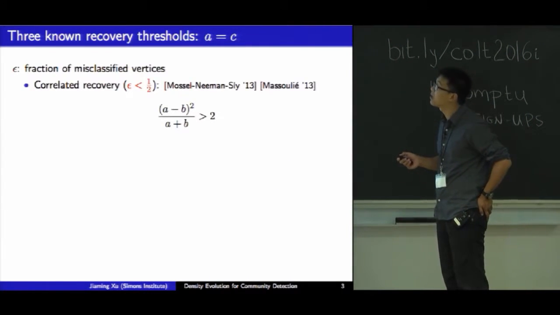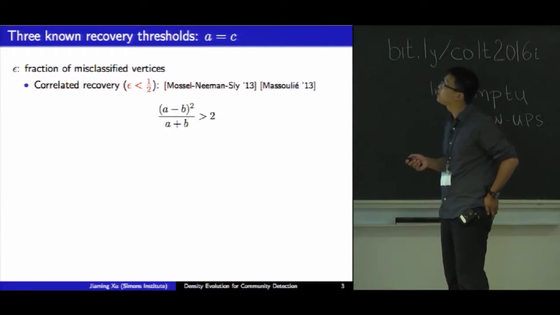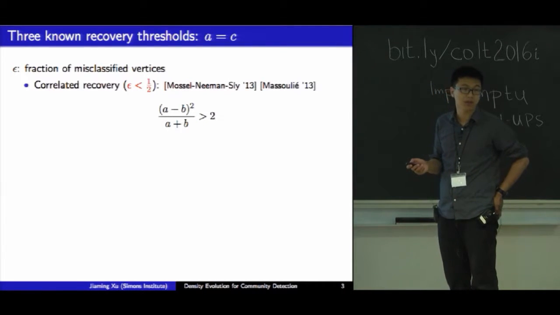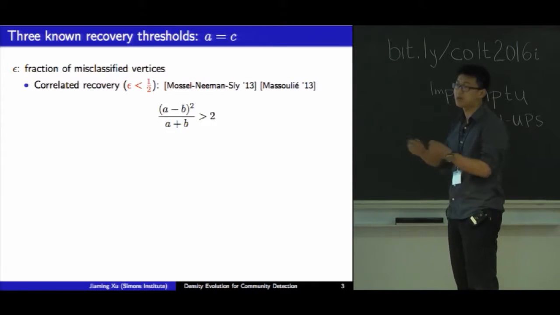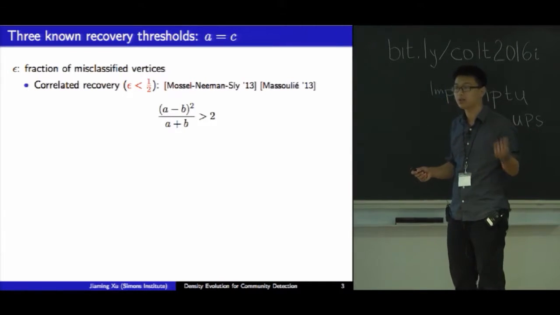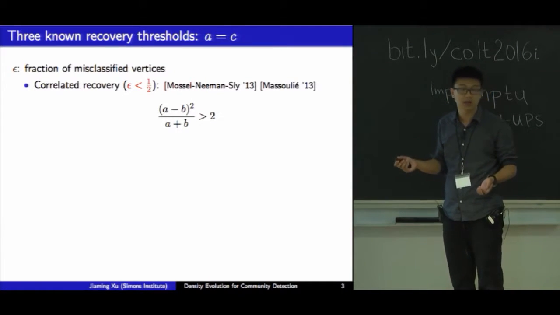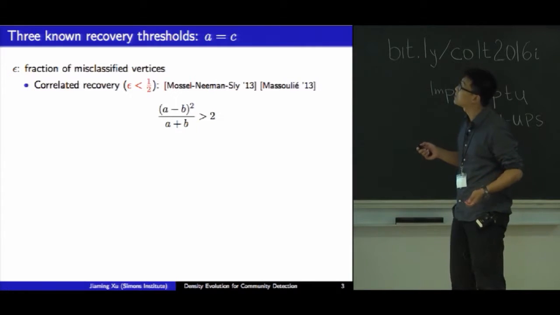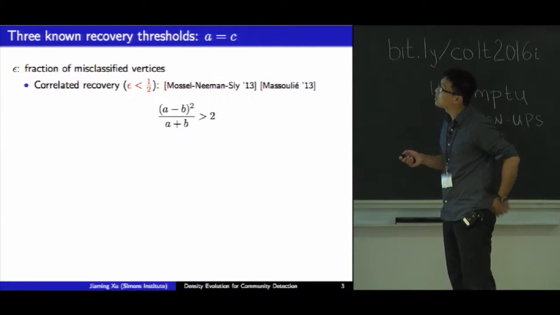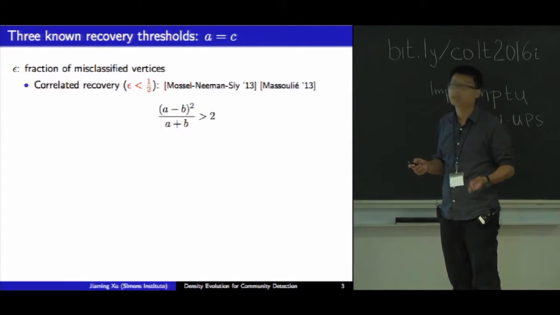So there has been a remarkable progress on this problem in terms of identifying recovery thresholds. In particular, they look at a symmetric case where the edge probability within the first community equals the edge probability within the second community. So that's A equals C. Then let epsilon denote the fraction of misclassified vertices.